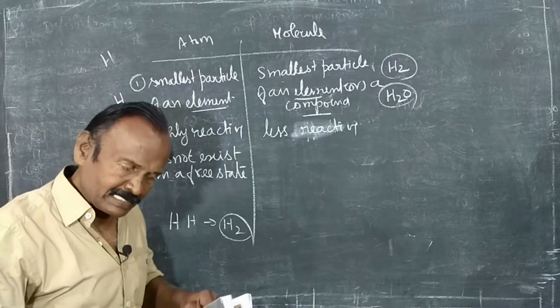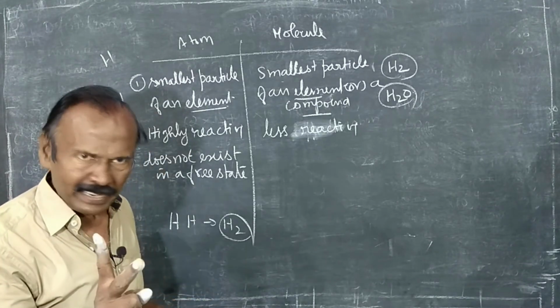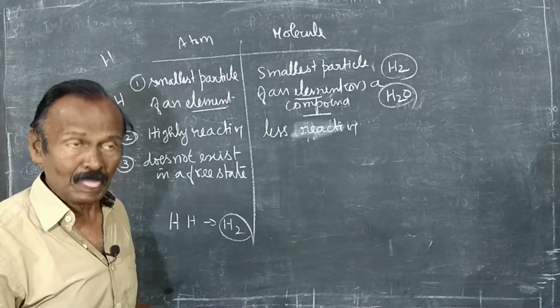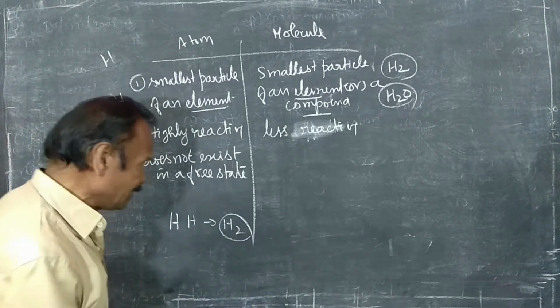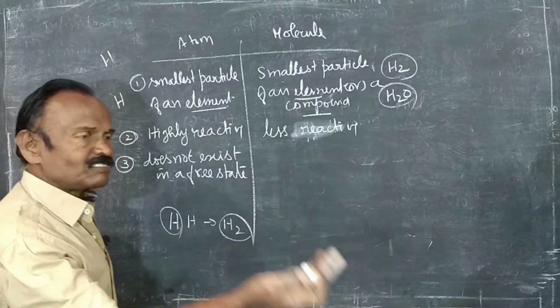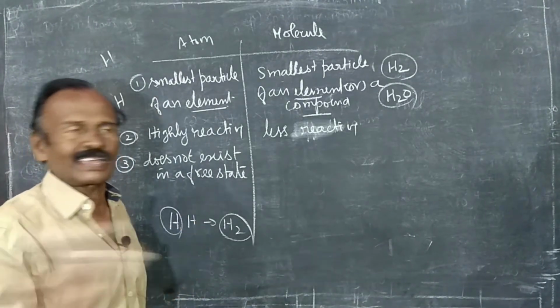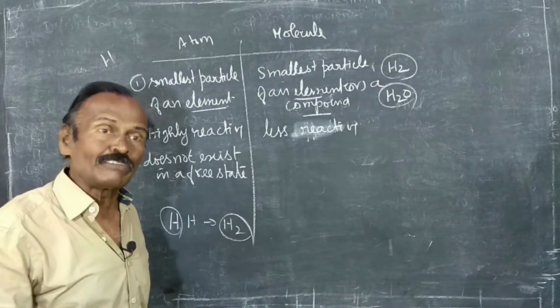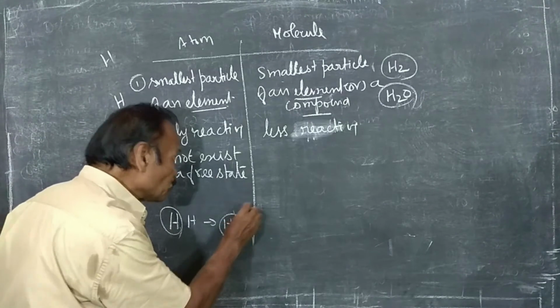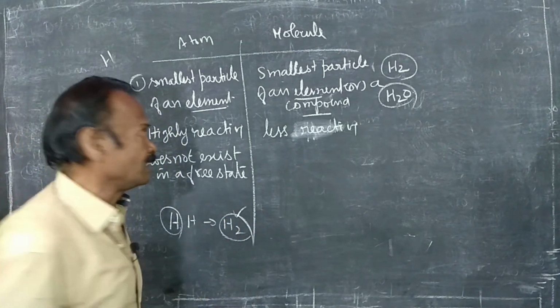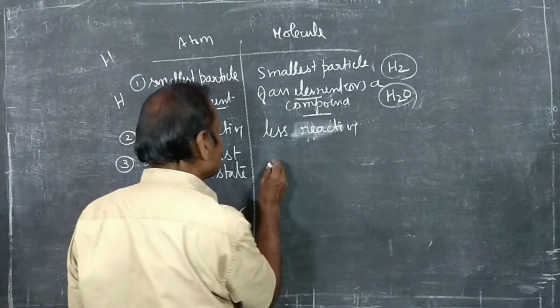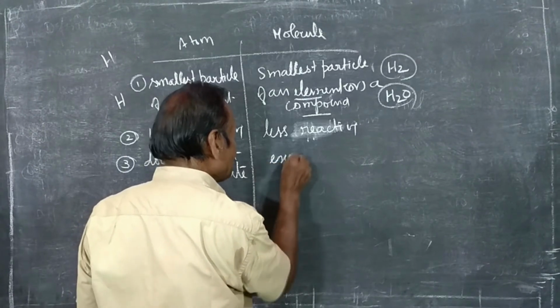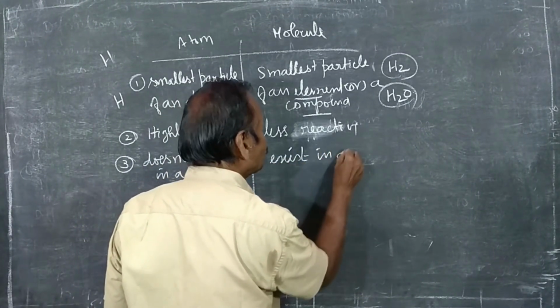When hydrogen is divided, you get two hydrogen atoms, of course, that is true. But you cannot find a hydrogen atom freely. Always you find hydrogen molecule freely.